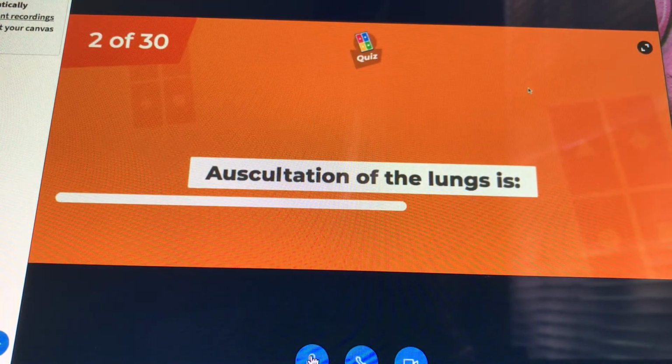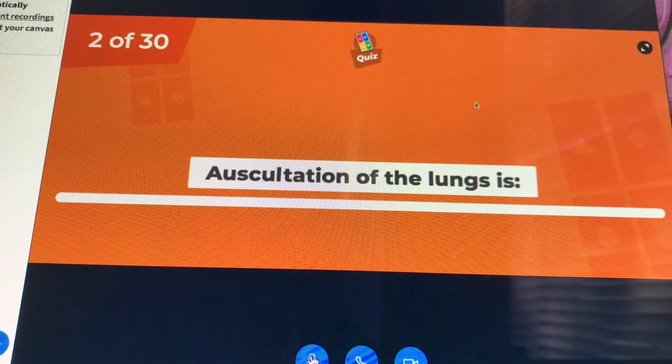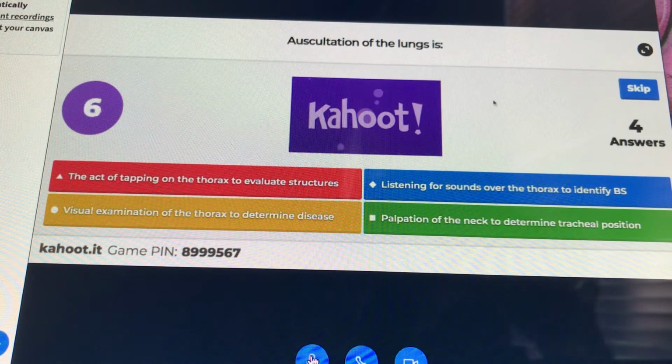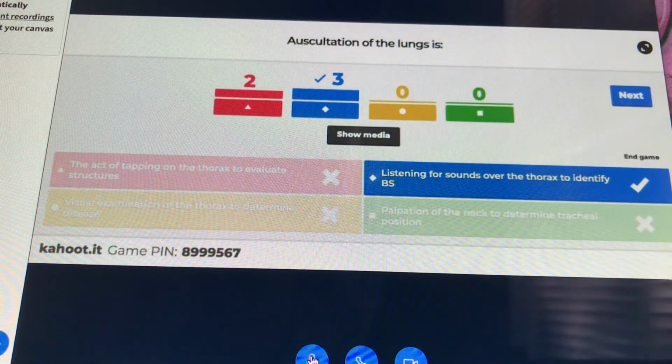So auscultation of the lungs is? That would be listening to the thorax to identify breath sounds.